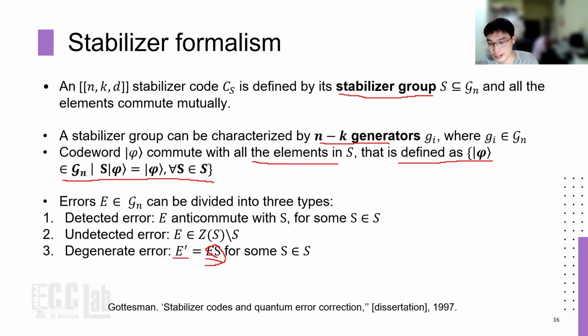So for the optimal decoder, there is no need to distinguish them. But as we can see later, this kind of degenerate error is harmful for a suboptimal decoder like BP.